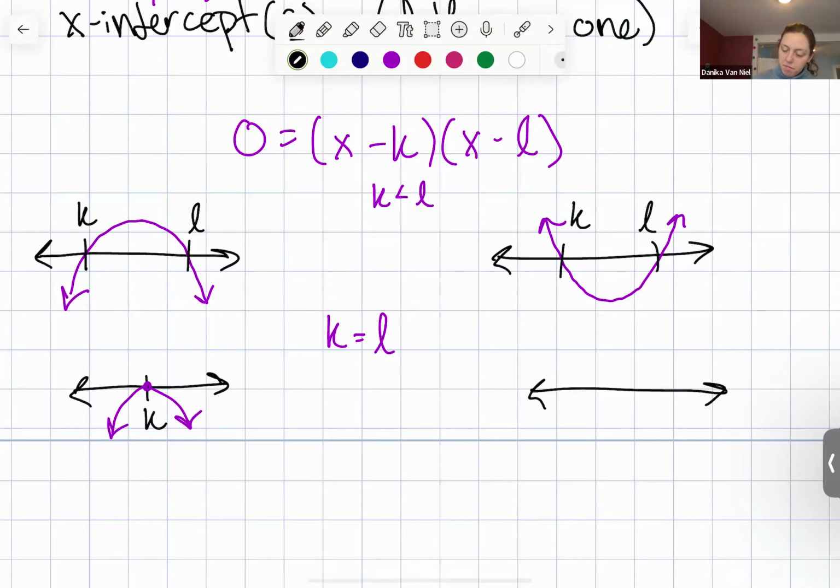When they're the same, when k equals L, that means we're only touching the x-axis at one spot, just like when we had x squared. When k and L are different, we touch it at two different spots, because we have two different x-intercepts.